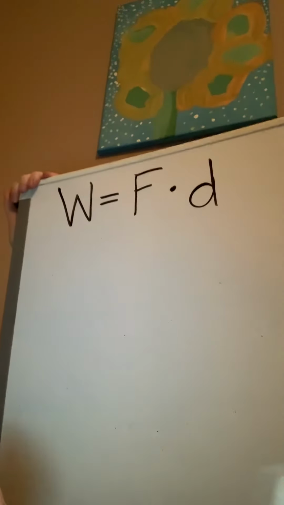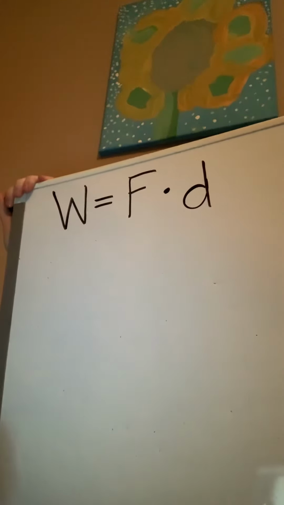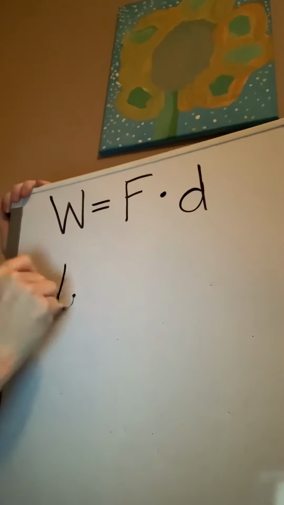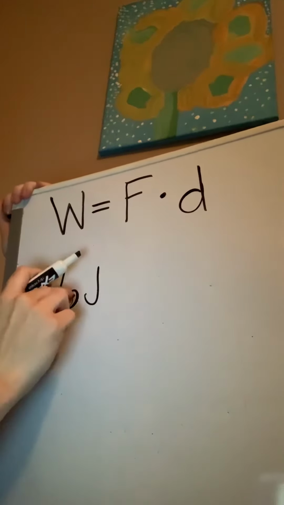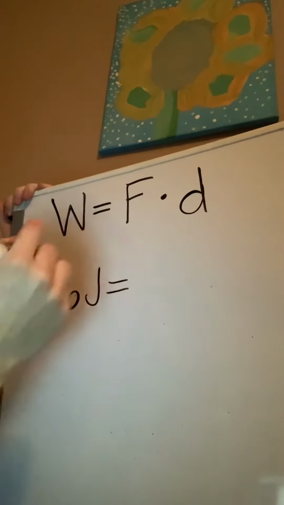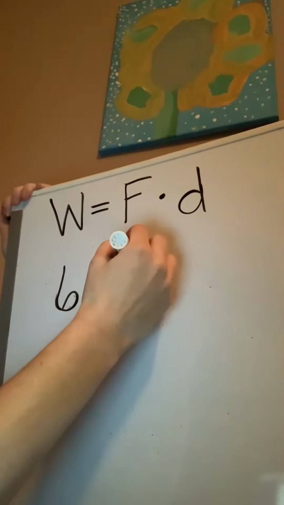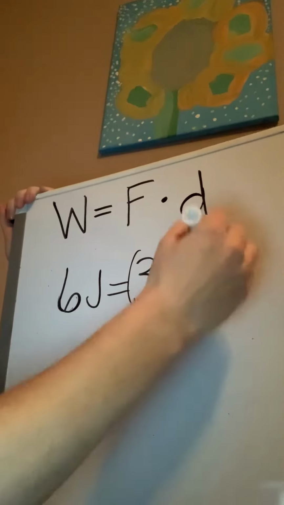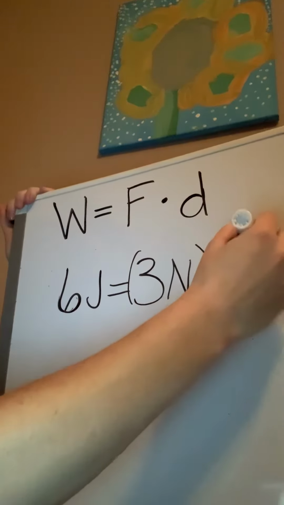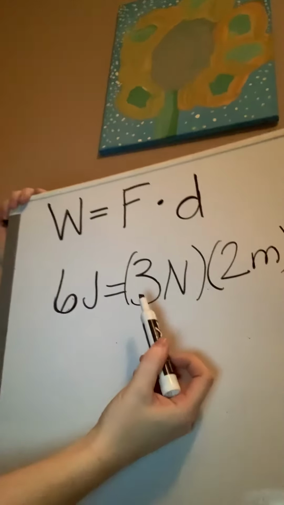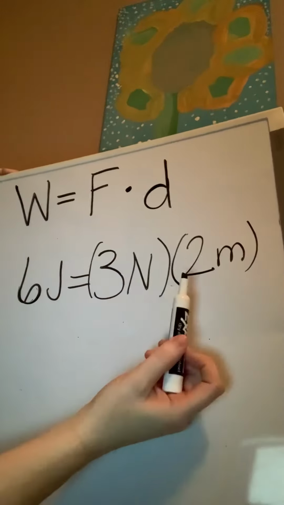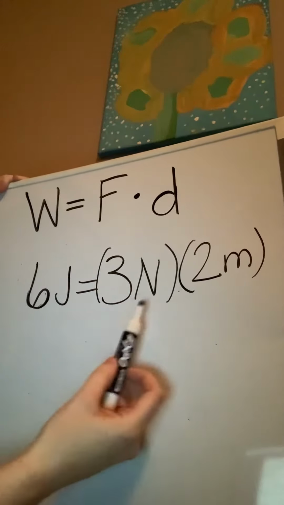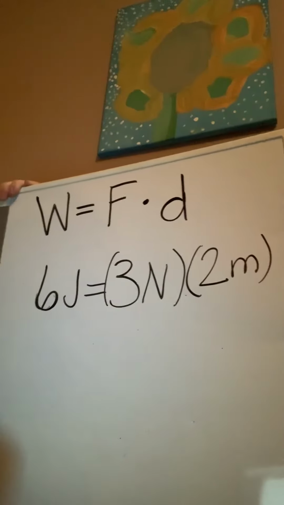If we just pick numbers to put in place of work, force and distance, say that the amount of work being done is 6 joules, and our force is 3 newtons, and the distance is 2 meters. So 3 times 2 is 6. Force times distance equals the amount of work being done.